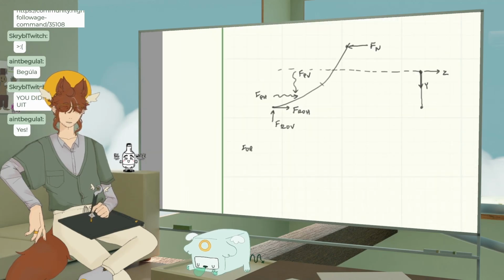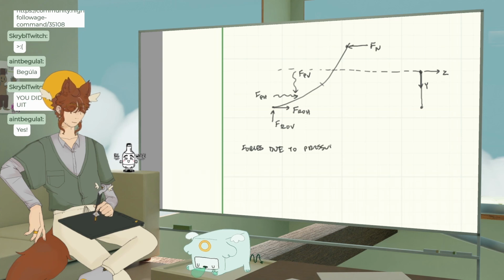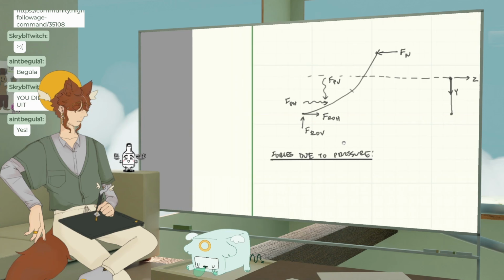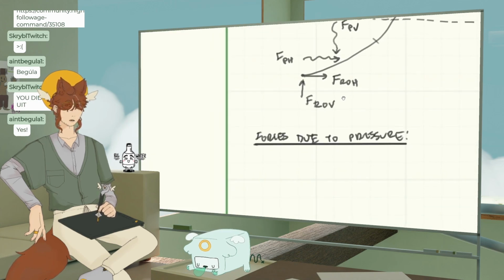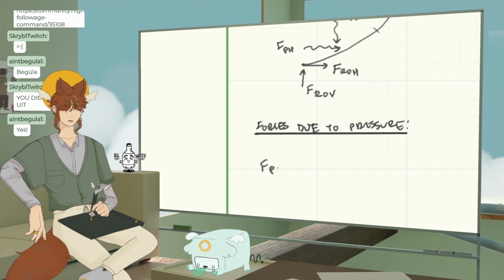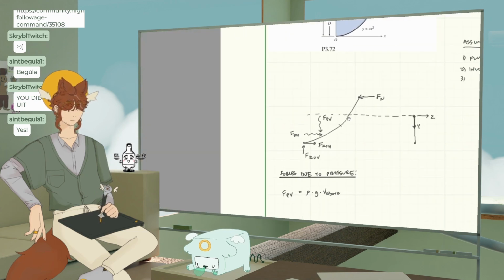Okay, forces due to pressure. There's no forces due to shear, we're not moving. Force due to pressure, so F_V equals rho times g times the volume above. Now we have to do an integral.